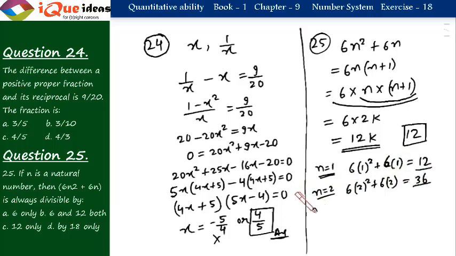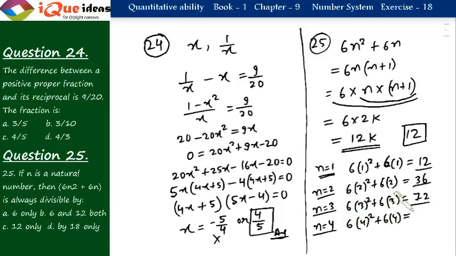If you put n equal to 3, you will get 6 into 3 square plus 6 into 3, and that will give us 9 into 6, 54 plus 18, that is 72. If you put n equal to 4, this one is 16 into 6, 96 plus 24, that is 120. Checking 3, 4 values is sufficient to see that it is always divisible by 12. The outcomes 12, 36, 72, 120 are all definitely divisible by 12. So the answer of the question is 12.